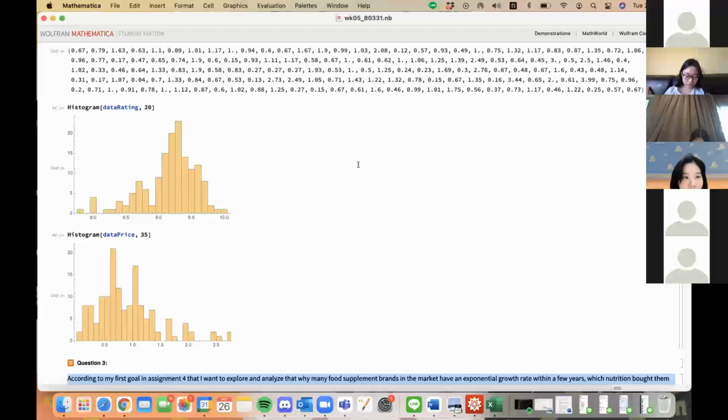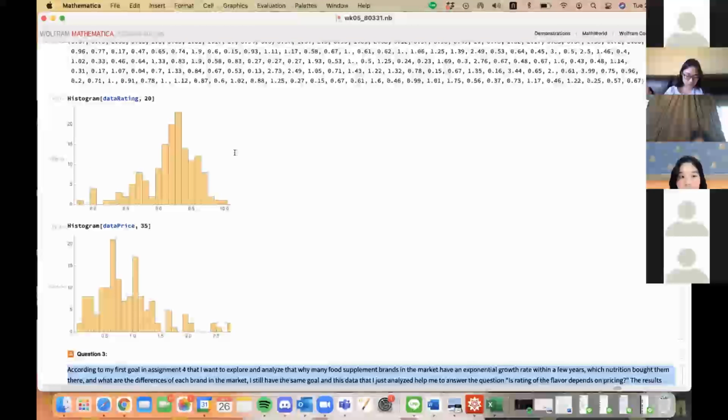So I started to categorize them by nutrition, and I went first with the question of whether the overall rating from the customer is correlated with the price.